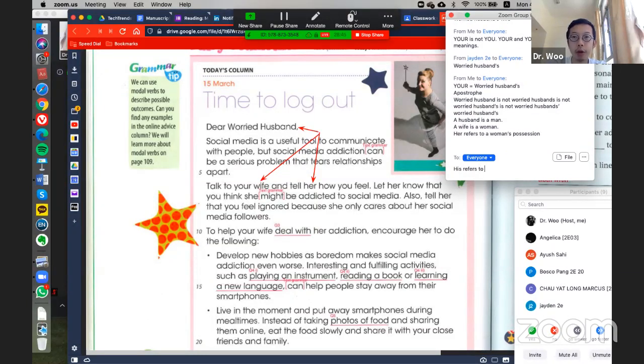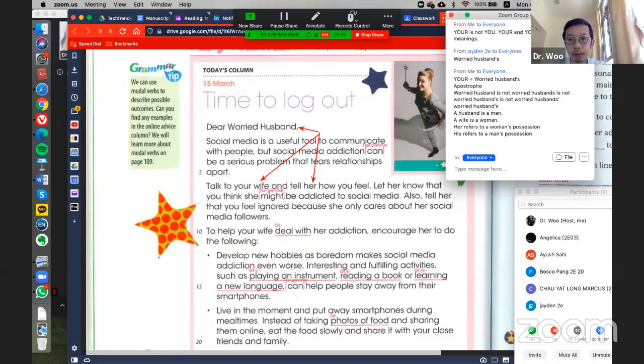His refers to a man's possession. So in English, some of our words indicate male and female, man and woman. And her is a female singular possessive pronoun. So her tells you 1, it's a woman. 2, only one woman. 3, she owns something.